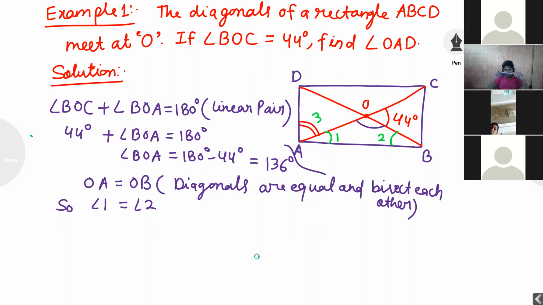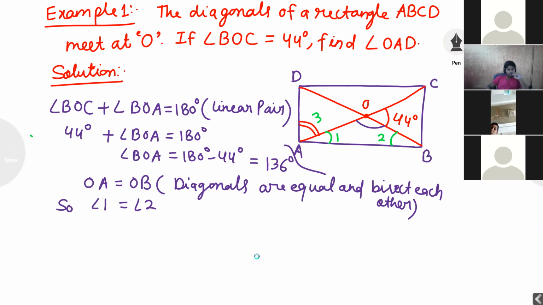Now I want to find out angle BOA. BO we got it, what angle? 136 degrees.